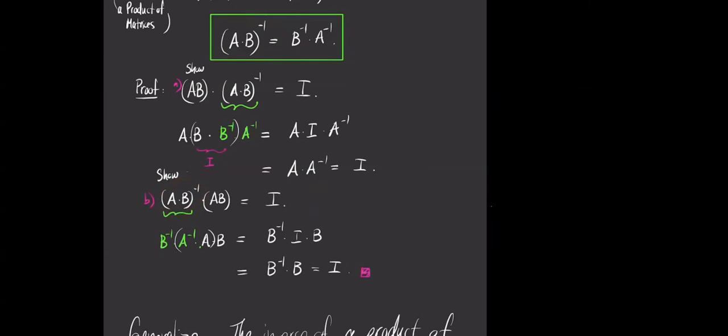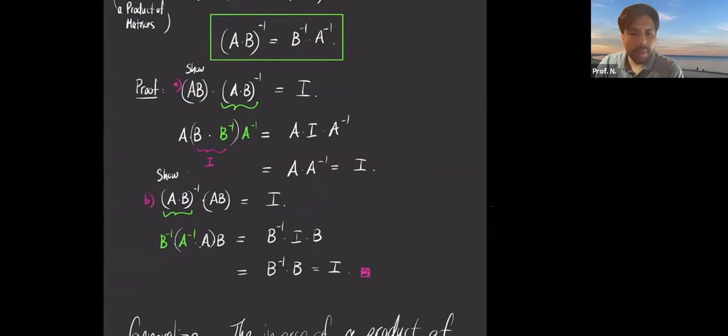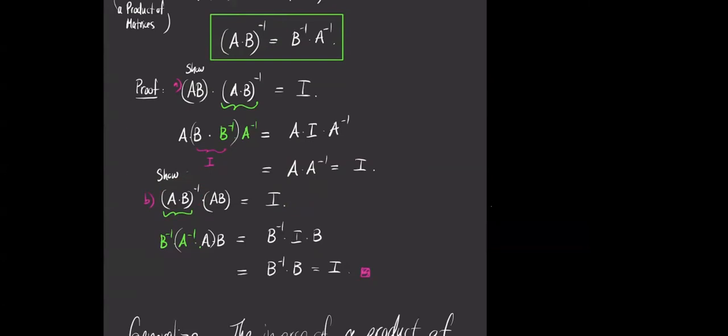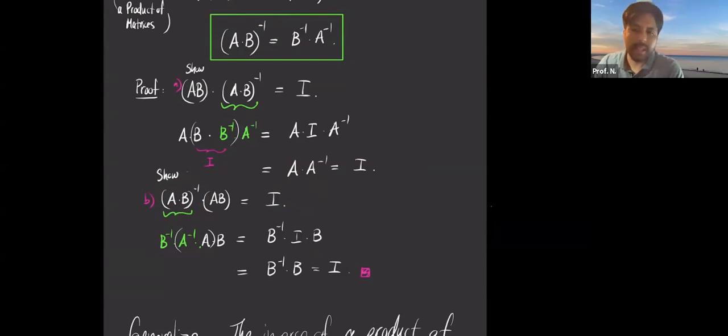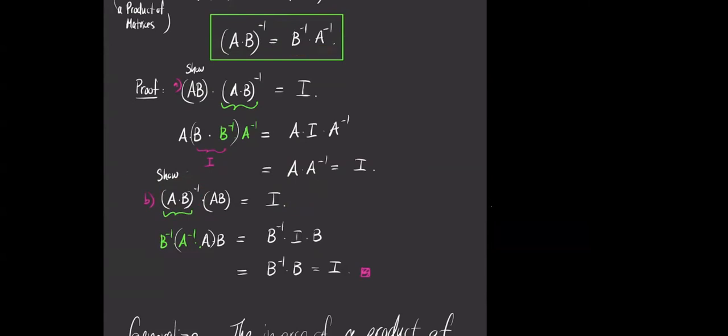Oh, so the bottom is the identity of the top, right? What do you mean by the bottom? B inverse times A inverse is the identity of A times B inverse, right? Be careful, it's the inverse, not the identity. I know it sounds the same because it starts with an I, but it's the inverse. No, no. What I'm saying is that you changed it, right? You changed the identity.